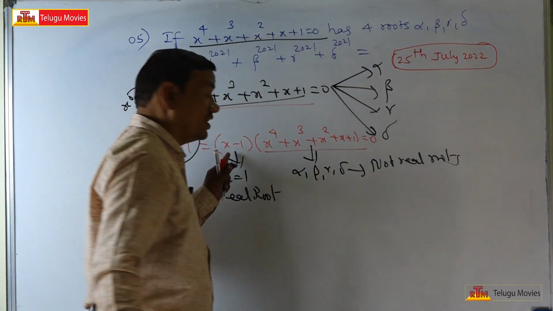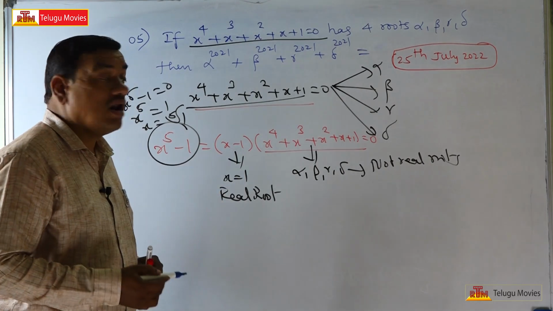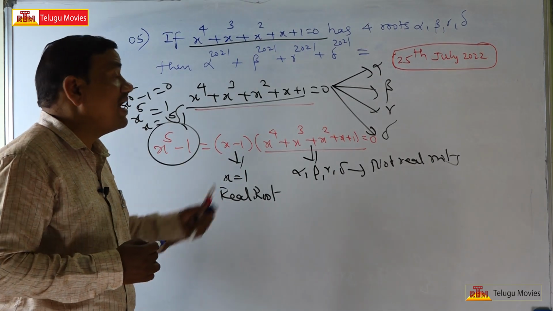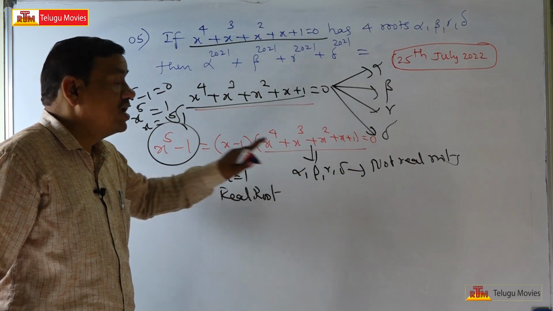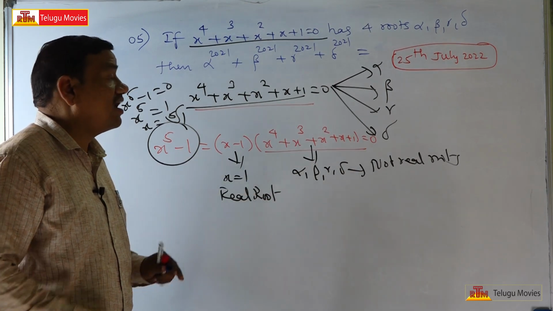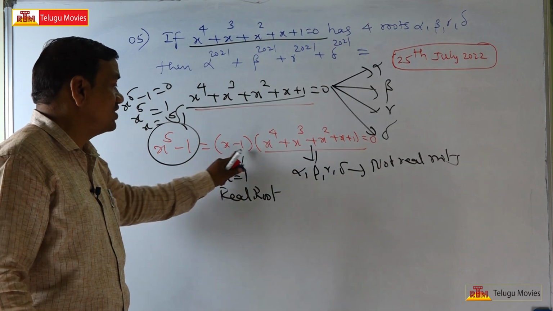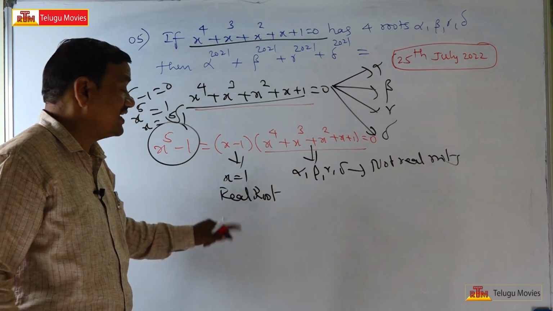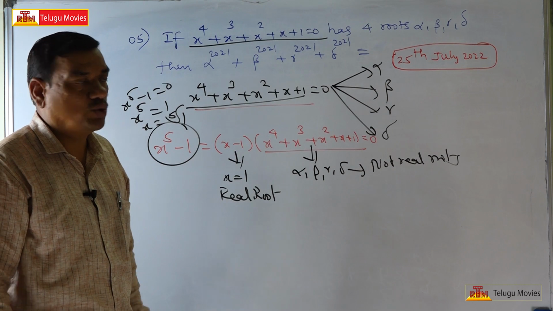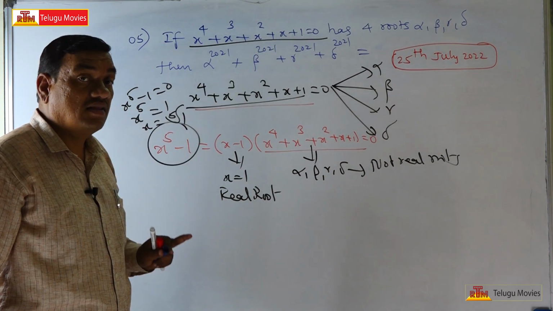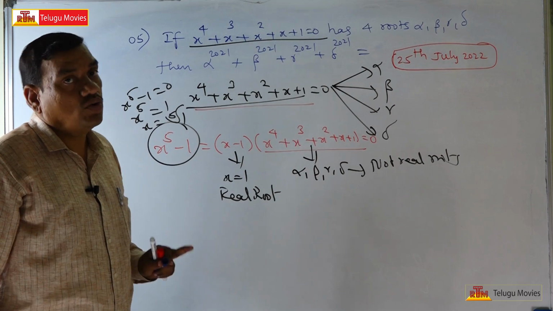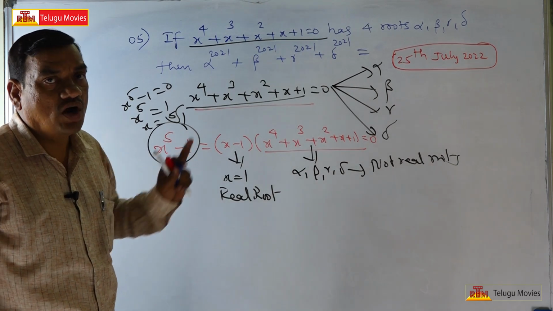One real root, the remaining 4 are imaginary roots. So x minus 1 is equal to 0, therefore x is equal to 1, which is a real root. That is the first thing you have to observe: alpha, beta, gamma, delta are not real roots.